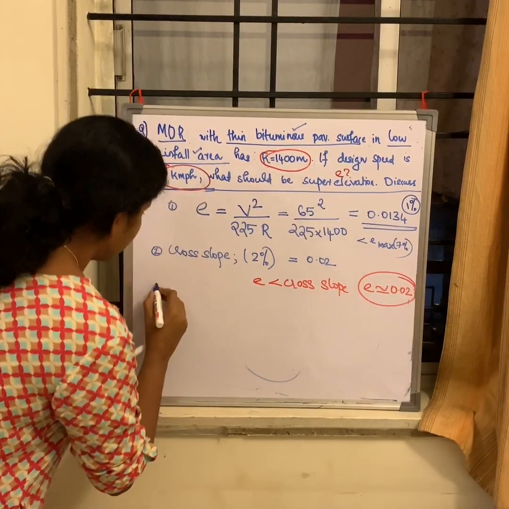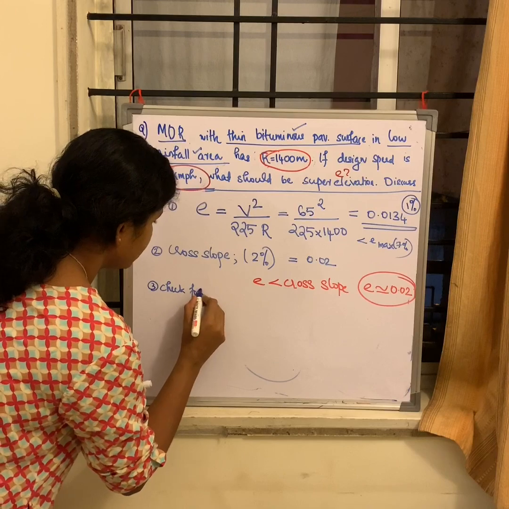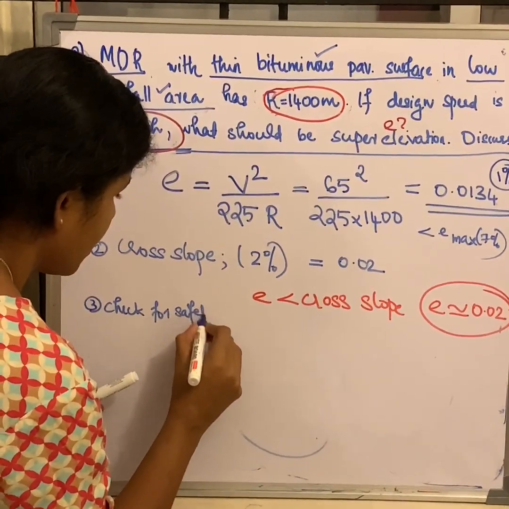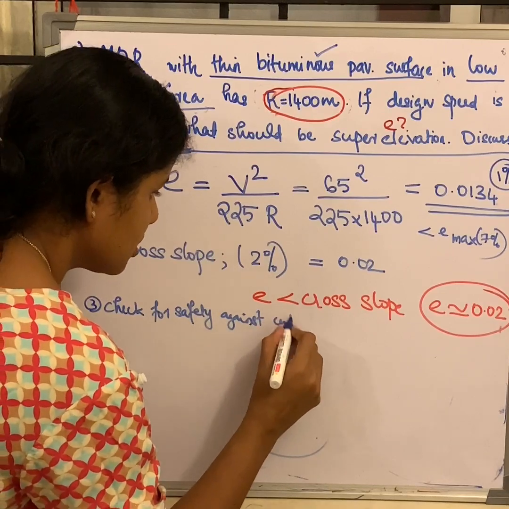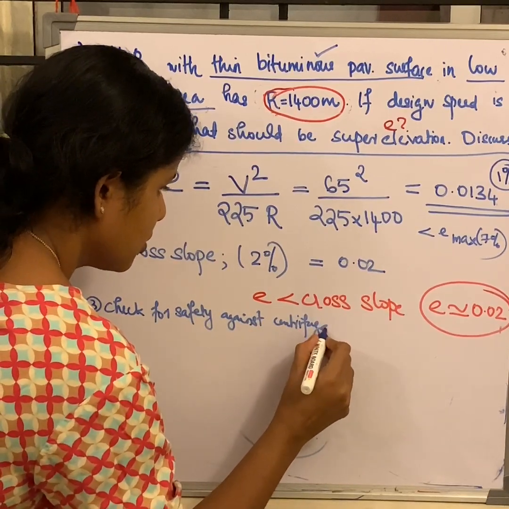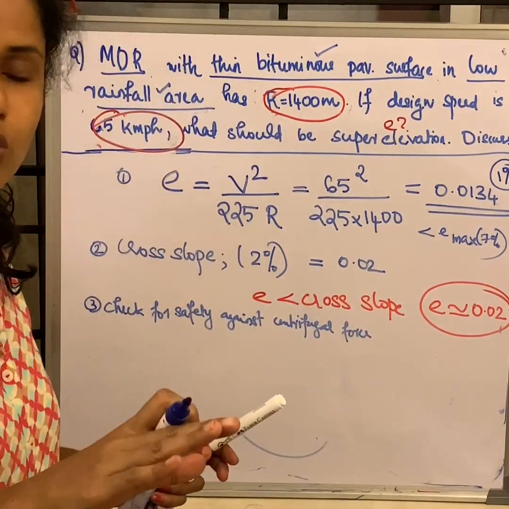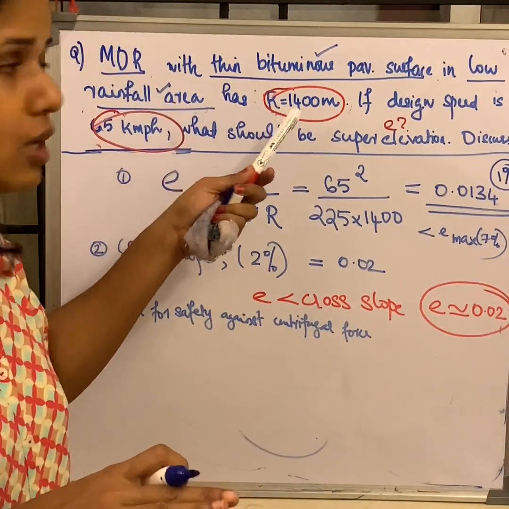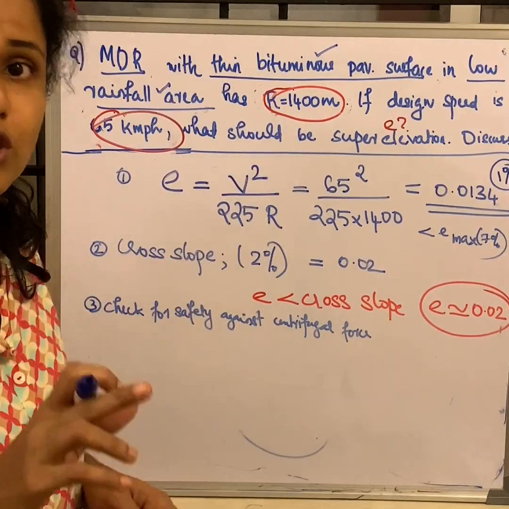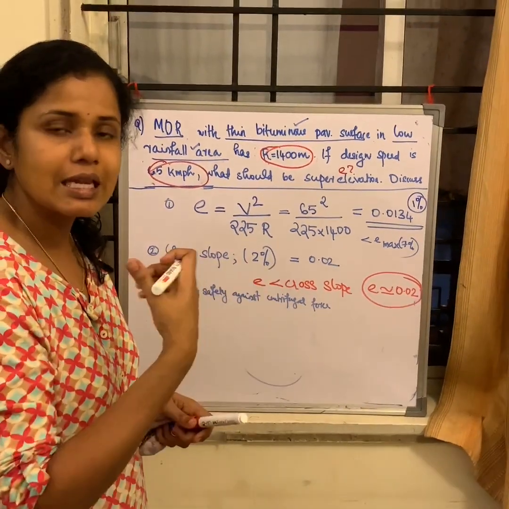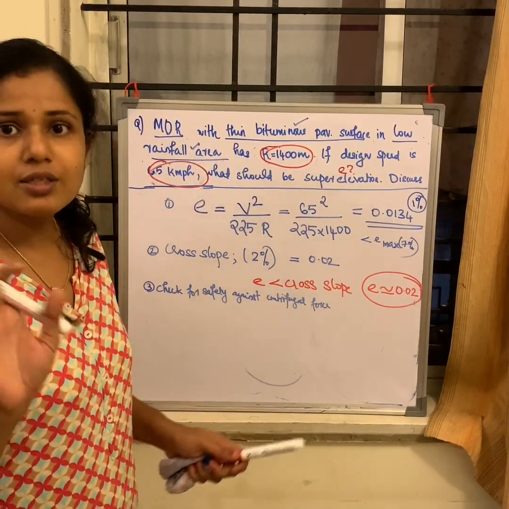Check for safety against centrifugal force. Because we need to make sure that if I am saying there is no super elevation required for the radius of curvature we have, the friction force in the lateral direction, the skid resistance, is able to counteract the centrifugal force.